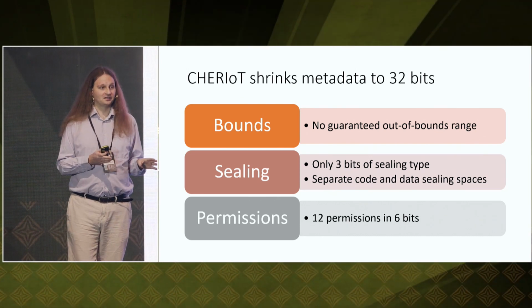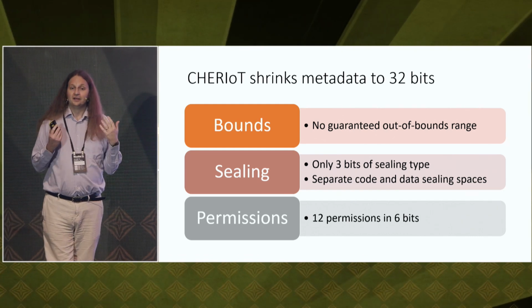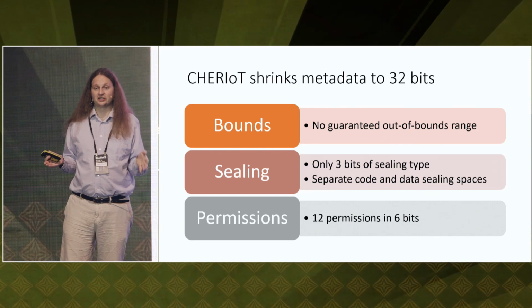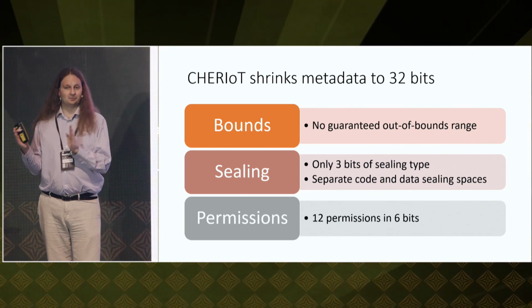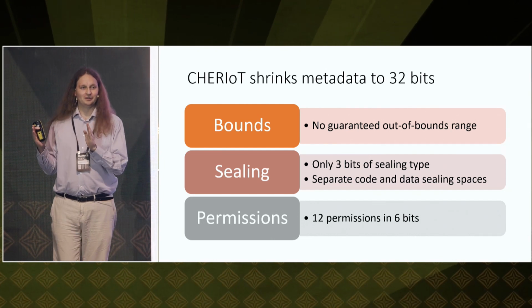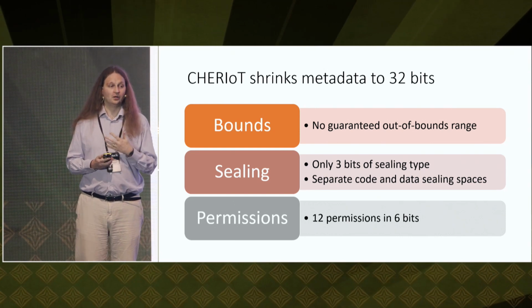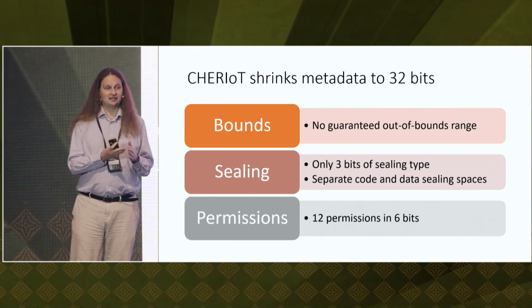And some of that redundancy is reduced when you try and shrink things down. But the number of permissions and everything else just doesn't intrinsically change. So we needed to find a way of taking twice as much information as we could fit and squeezing it into that tiny space.